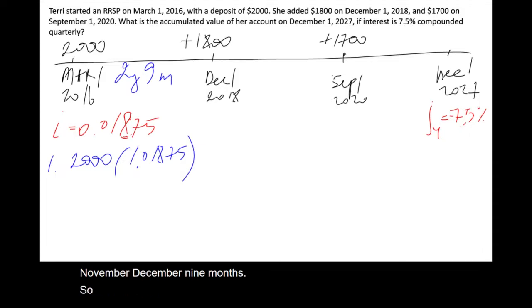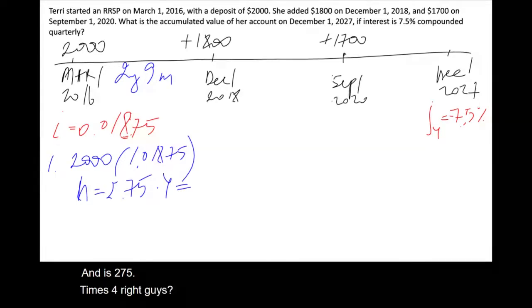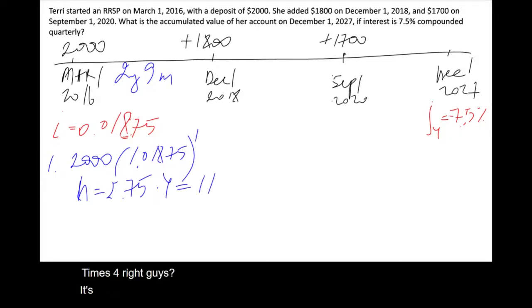So N is 2.75 times 4. Right, guys? It's 11. So exponent 11 times 2000 gives 2,453.43.